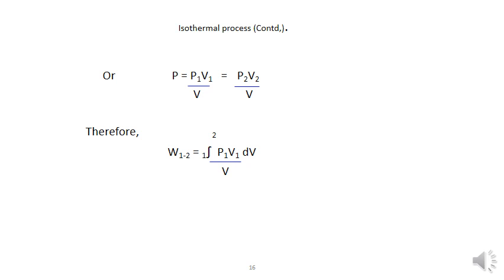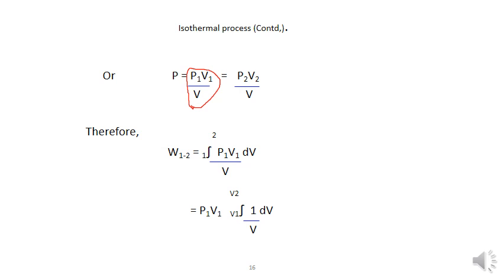Here we can write P as P1 V1 by V, since PV is equal to this constant. I am substituting this in place of P. Here I am bringing P1 V1 outside, and 1 by V is the variable.